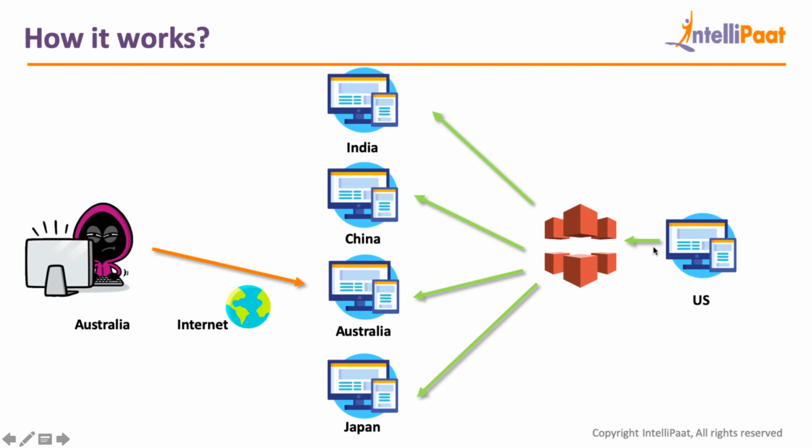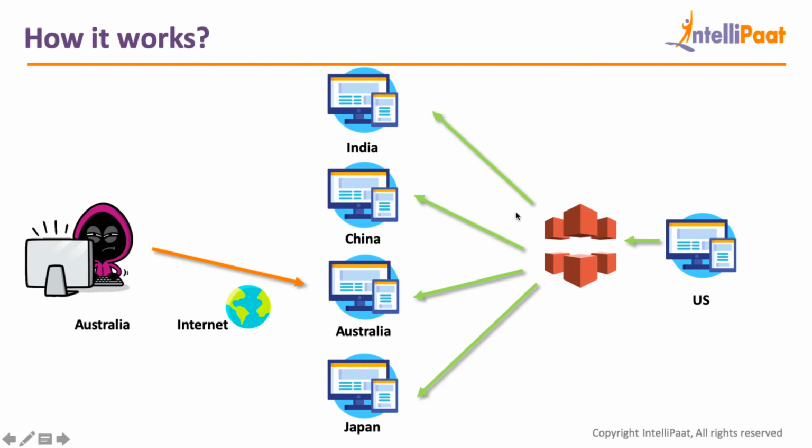Now, AWS has its own internal network infrastructure through which all the servers deployed on it are connected to each other. If these servers try to communicate with each other via the internet, obviously the internet is huge. You do not have control over the internet, so it can take more time. But when you talk about the AWS network, it's very fast.